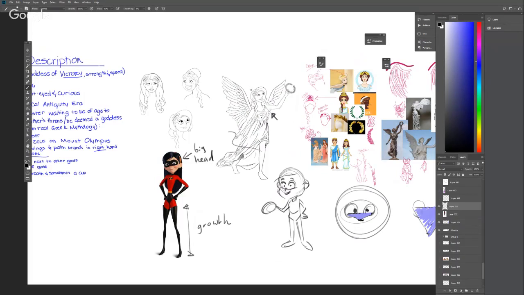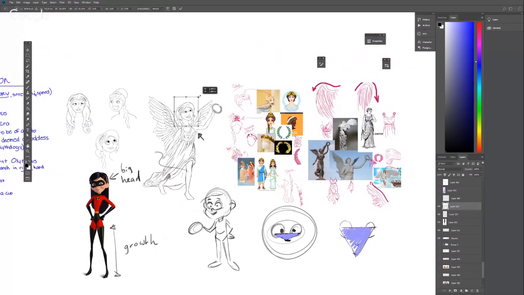Maybe if you make this head already a bit bigger, you know. But it would be great if you can play around with that for next week, because I would also say she's 17 years old or something.